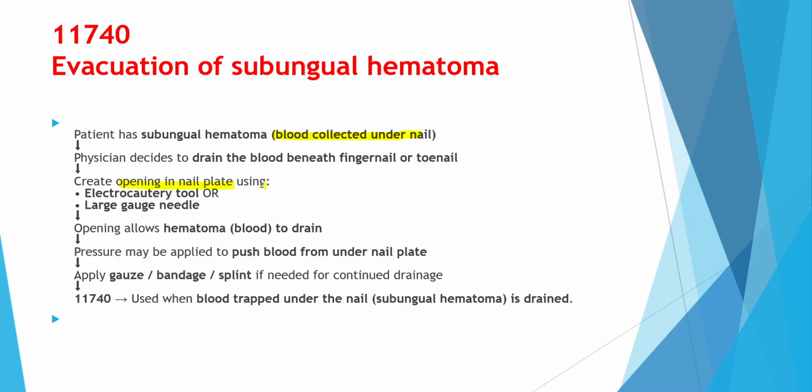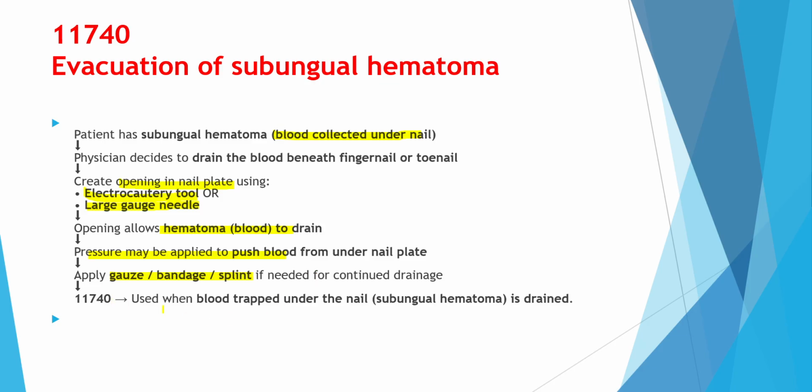He will open the nail plate with the help of an electrocautery tool or a large gauge needle. He will open the nail plate and drain all the blood. Sometimes he may also apply pressure under the nail plate. Then he will apply gauze or a splint if needed.